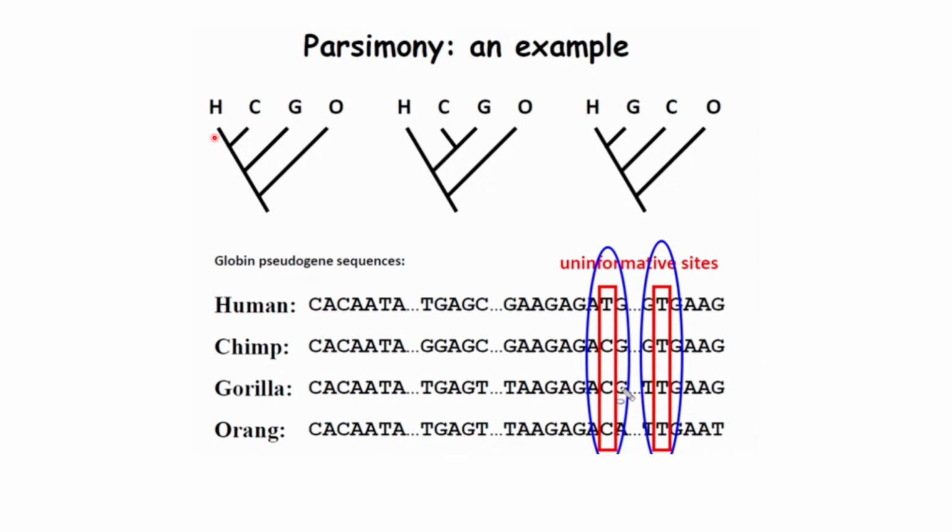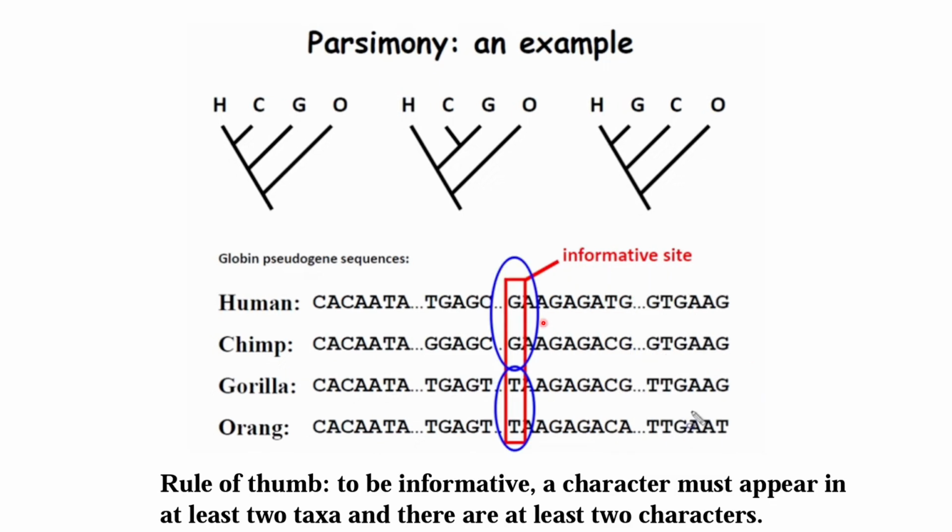It could be evolved here or over here. But that is a known fact that something has diverged from some other organism. But we cannot group the organisms unless we have a shared informative site. So such sites are uninformative. And here is a site that has shared derived alleles.